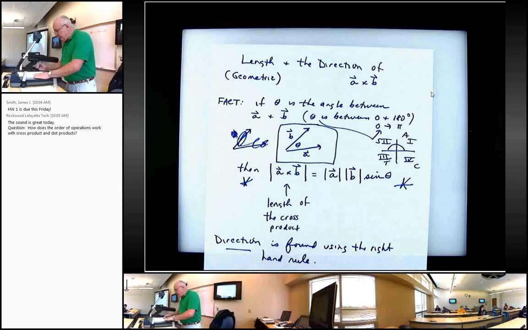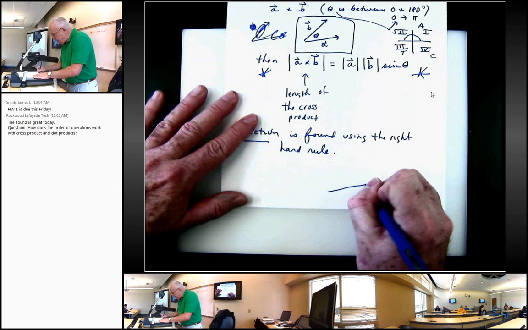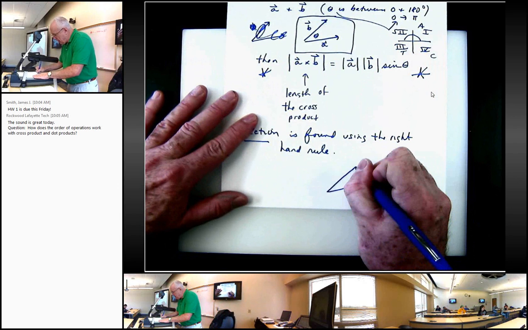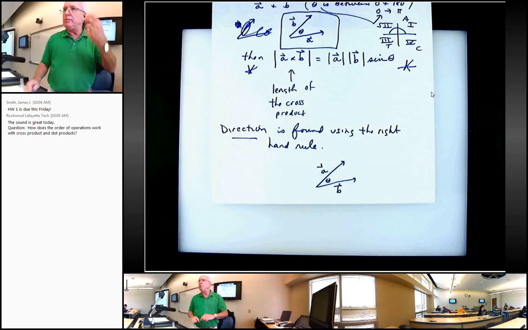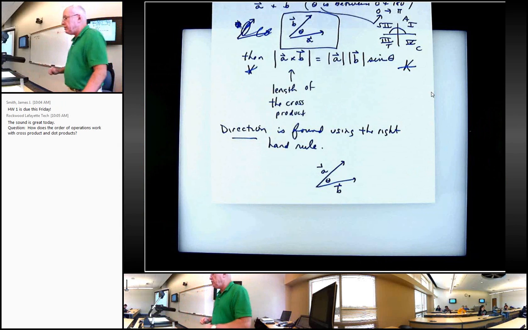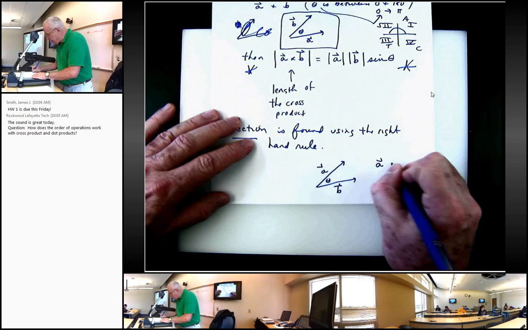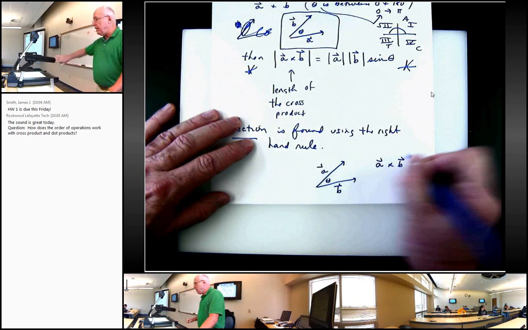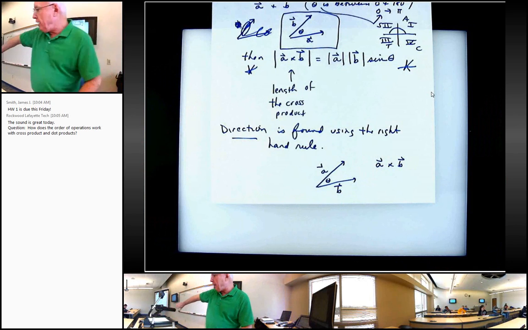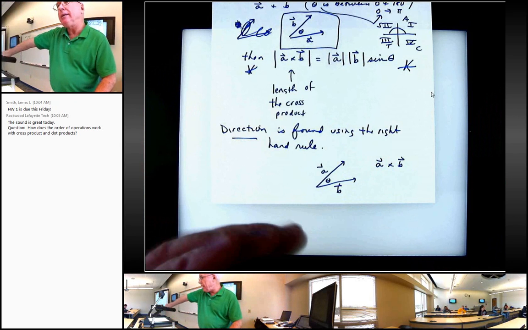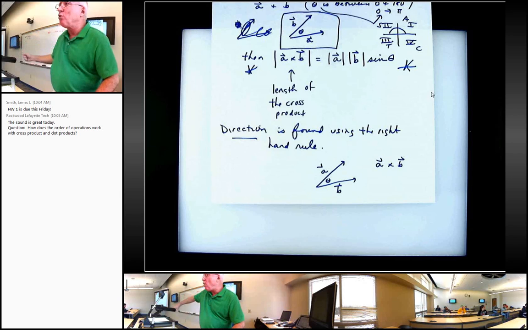But what if I had this? What if I had B here and A here, and this here was my angle between them that was less than 180 degrees. And I want to look at the direction of A cross B. So here, I have to do a little contortion with my hand. Here I'm going to be going from A to B this way, all right?